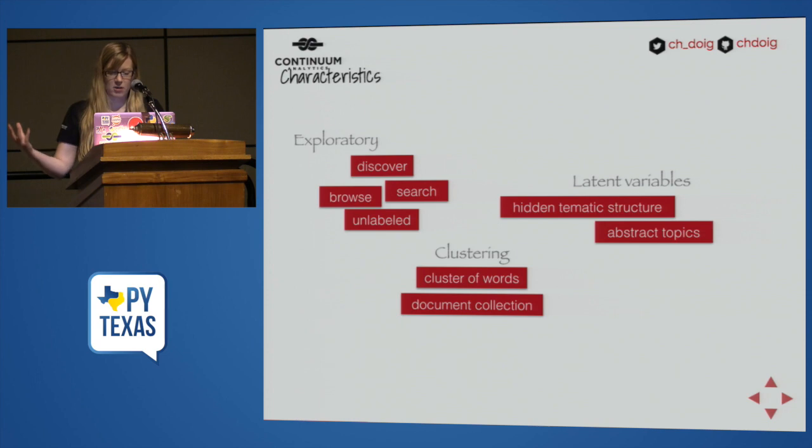We also care about the latent variables, the hidden thematic structures that are not labeled directly, but we can extract from those algorithms. There can be abstract topics, maybe things that we don't really have a word for, but it's a cluster of words that together have some kind of meaning. And we are doing a type of clustering. We're clustering words together, and we're clustering documents together.